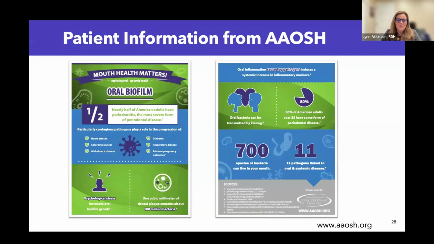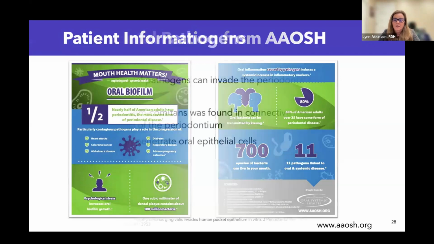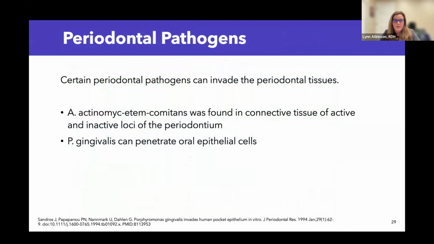Nearly half of American adults have periodontitis and the most severe forms of periodontal disease. And then you can tell them there's 700 species of bacteria that can live in your mouth, and 11 of those pathogens are linked to oral and systemic diseases. So I also have a page that shows how it's linked to all the systemic diseases, so that they can have that information and pass that on.